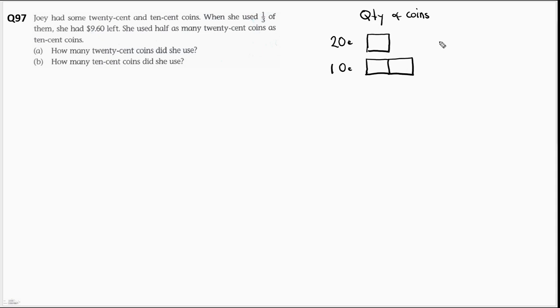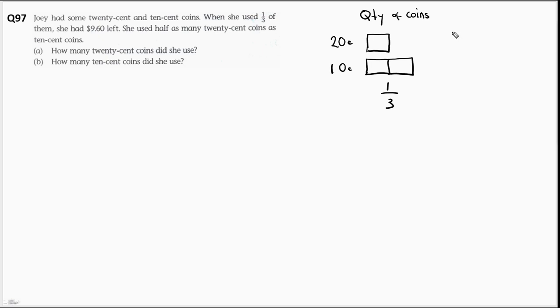And this is what they're saying is a third of the coins. So this represents 1/3 of the coins, and when she uses a third of the coins, she has $9.60 left. What's inferred is that the 2/3 of coins that are not spent are in these same proportions.